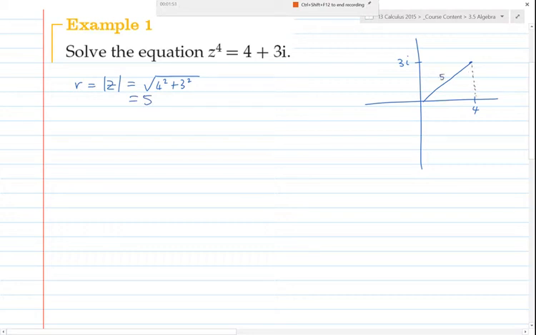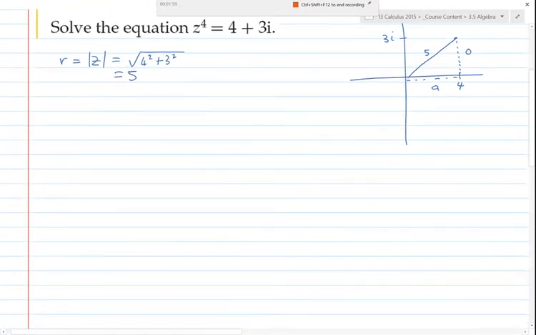Now we'll use our adjacent and opposite sides to find our angle here, so we'll say theta, our argument, equals tan inverse of 3 over 4.